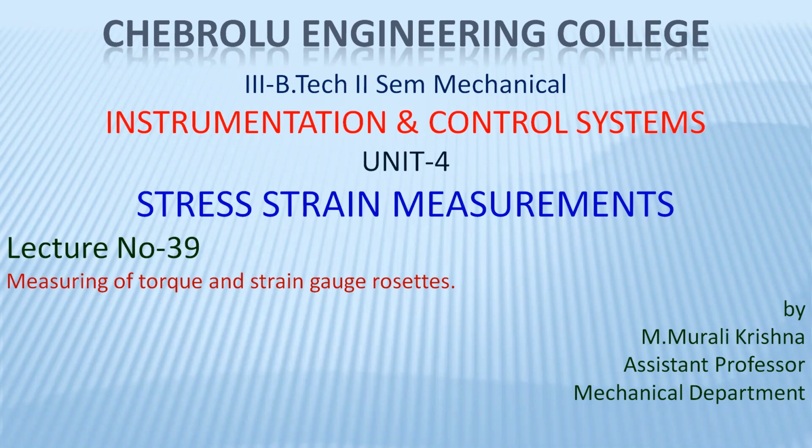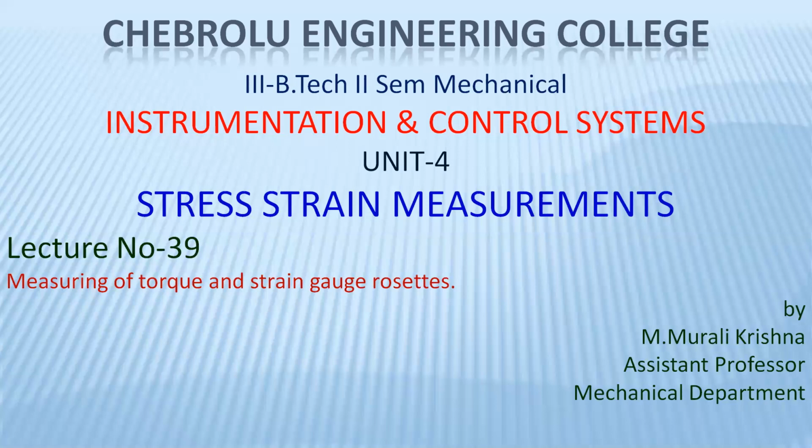In that object, we can calculate what type of directional forces are acting on it, what the torque is, and how the torque is developed in that object. We can calculate this by using the strain gauge measuring instrument.